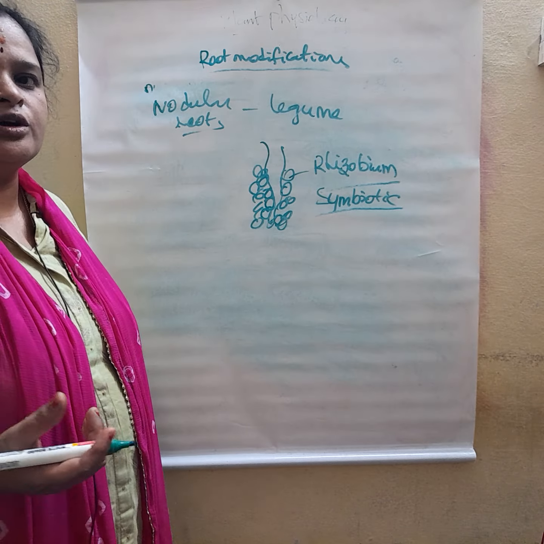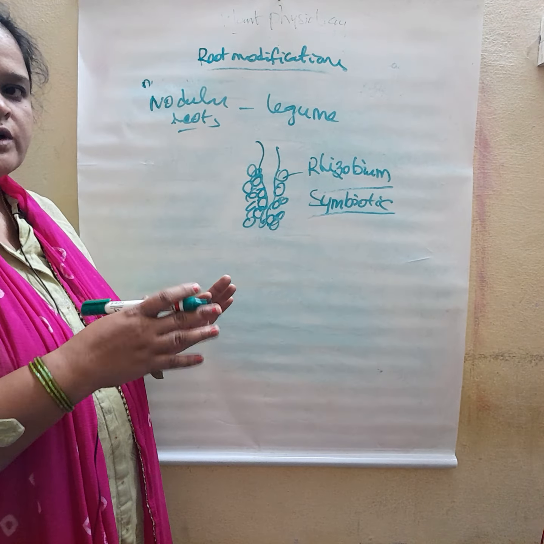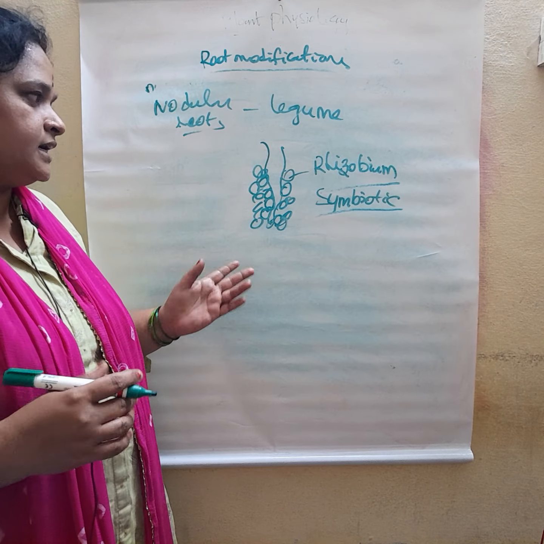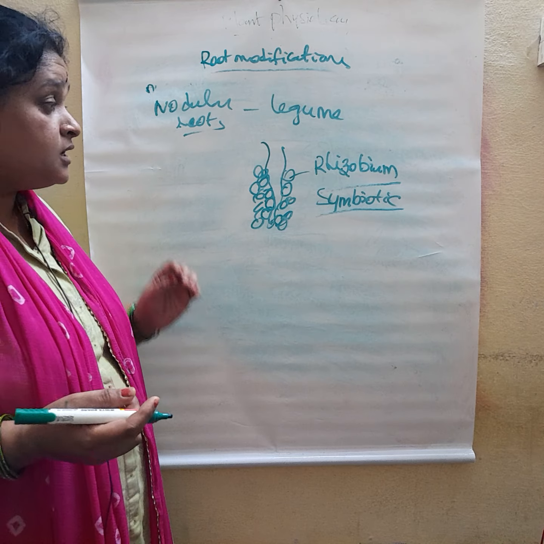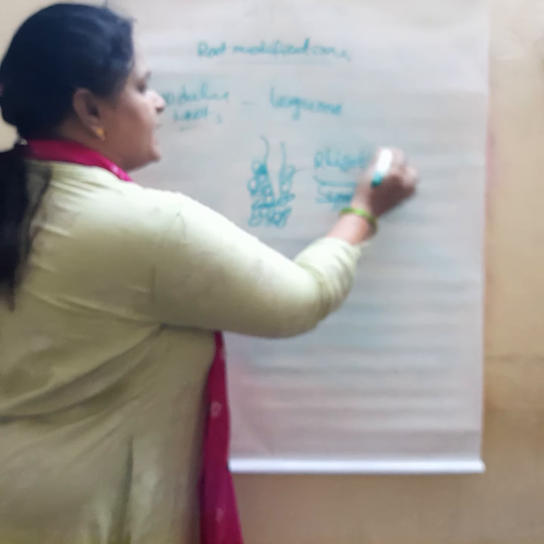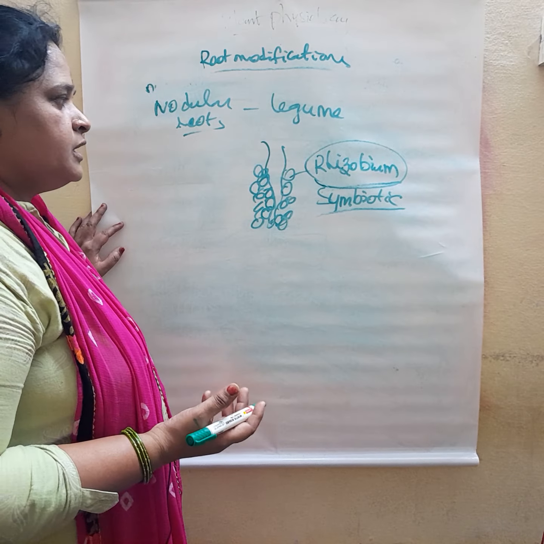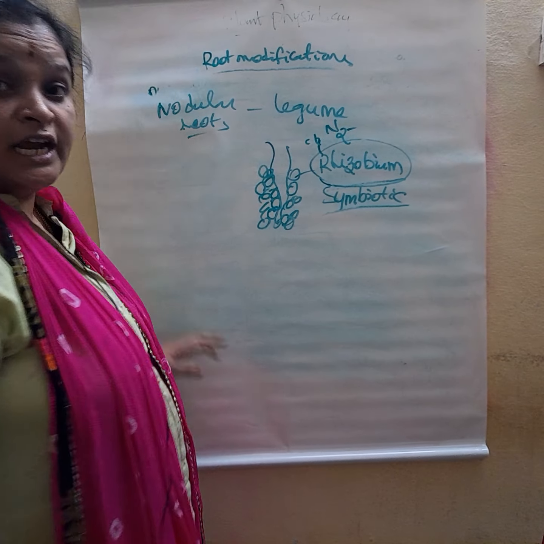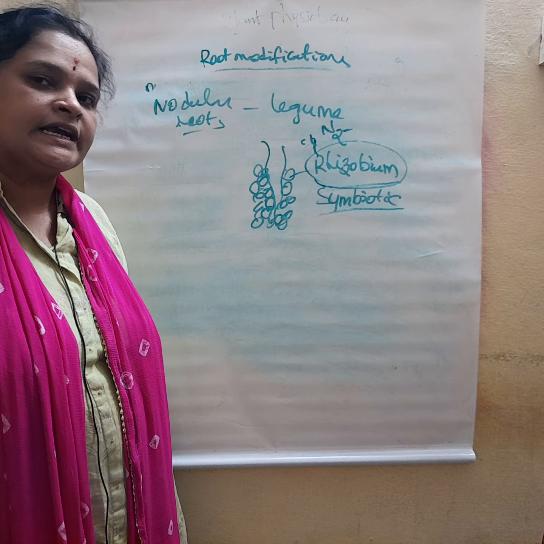What is meant by symbiosis? Symbiosis means a mutual relationship between host and organism. That is called symbiotic association. So what is the use of rhizobium bacteria? It fixes N2 from the atmosphere. It is a nitrogen fixing bacteria.